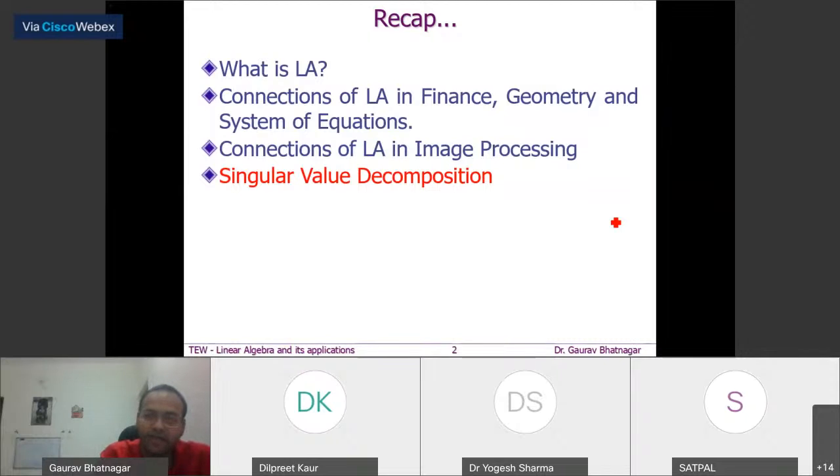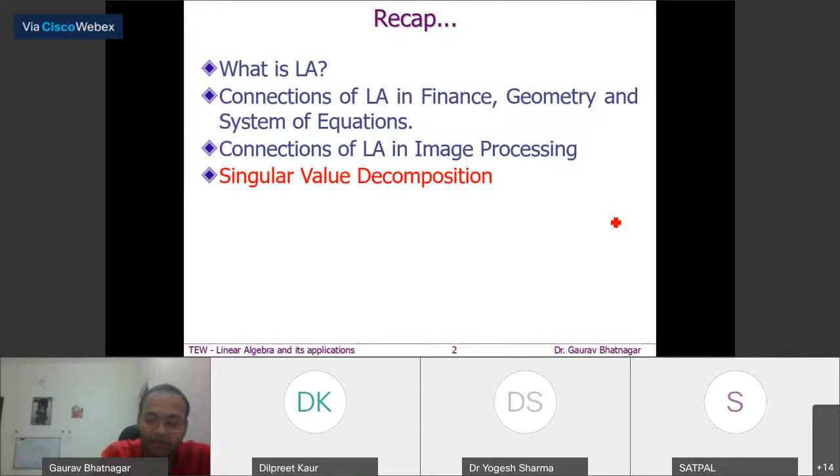So in today's lecture, we are going to discuss one very versatile tool of linear algebra that is called the singular value decomposition. This tool is not only very famous in mathematical community but also in the engineering community due to its wide applicability in diverse applications.